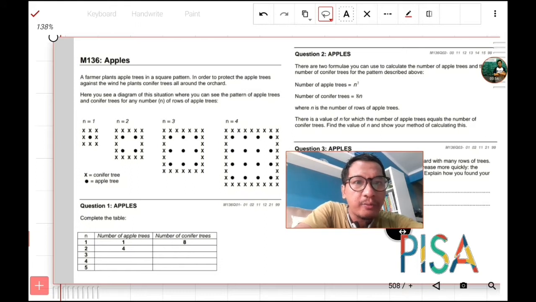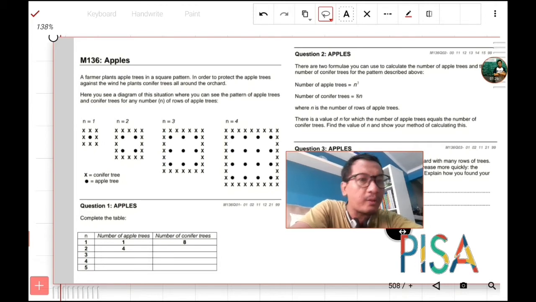In order to protect the apple trees against the wind, he plants conifer trees all around the orchard. Here you see a diagram of this situation, where you can see the pattern of apple trees and conifer trees for any number n of rows of apple trees.